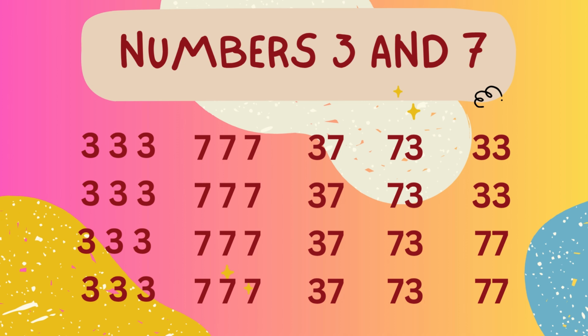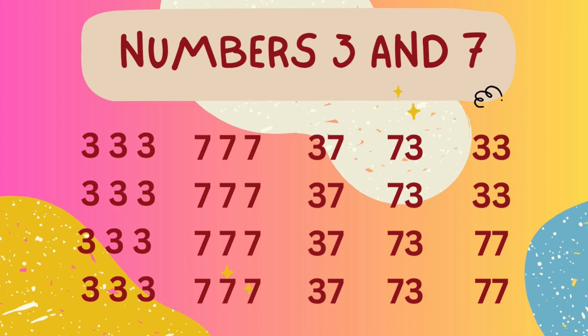37. Since in 37 the first digit is smaller than the second digit, we can press 37 simultaneously, in one stroke.